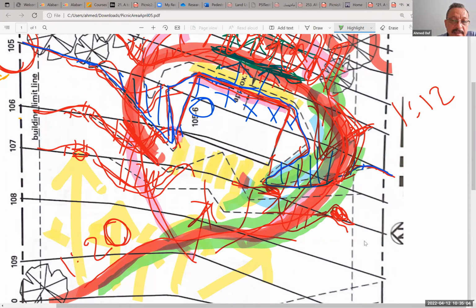So it goes like that and then off. And the same will happen here. If water goes in here, there will be connections beneath the pedestrian path to make it pass, or you might allow it to go on top of the pedestrian path, but this is to be calculated.